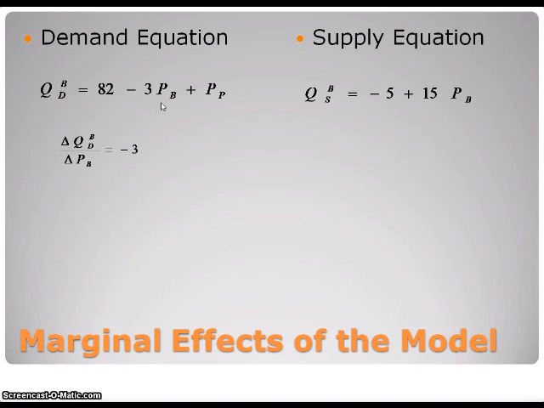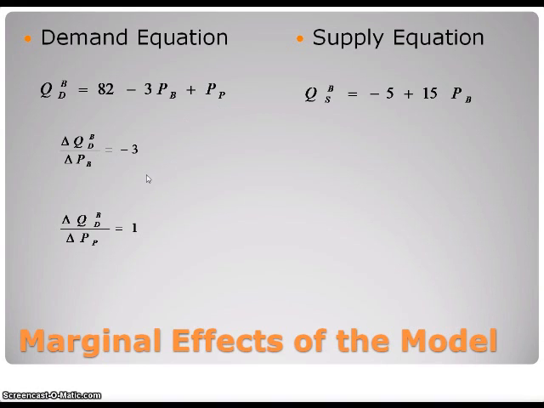The -3 comes from the demand equation, and it is the coefficient attached to the independent variable, the price of beef. The second marginal effect relates a change in the price of pork to a change in the quantity demanded of beef. Here it is equal to 1.